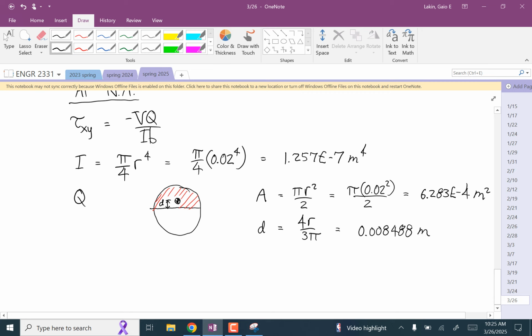And so Q is those two multiplied together, which is 5.3 repeating times 10 to the minus 6 meters cubed. B is the diameter. So that's 0.04, 2 times the radius.